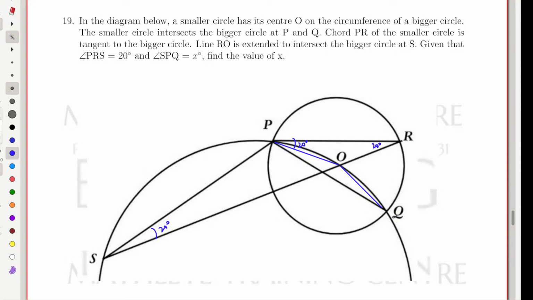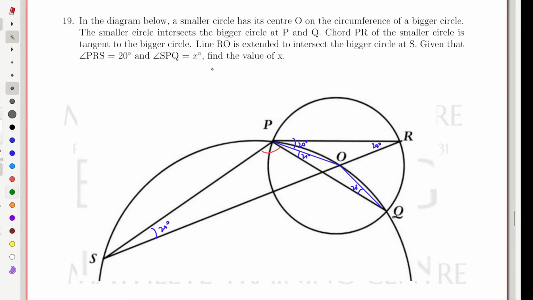But it doesn't stop there. Because of the big circle, the 20 degrees can also go here. And because OQ is equal to OP, the 20 degrees can also go here. So it's a 20 degrees madness festival, right? Now, the question is to find this angle STQ. How to find it? Actually, we're already done.